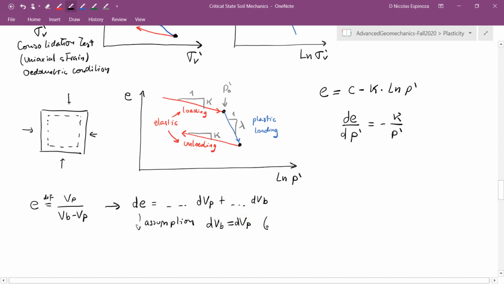And if you remember from poroelasticity, that would mean that the sediment is a lot softer than the grains, so that the grains do not change in volume significantly. And from a point of view of poroelasticity, that means a Biot coefficient more or less equal to 1. So this assumption again is valid whenever you're dealing with soft sediments.